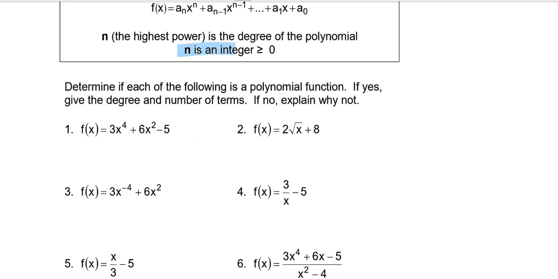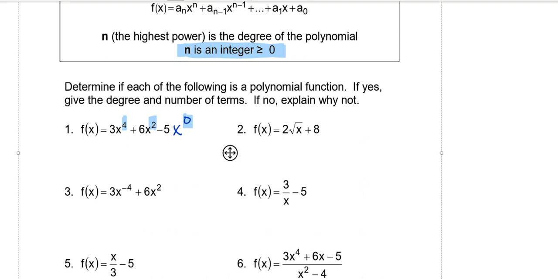So our first one, remember, we have to remember that n has to be an integer greater than or equal to 0. So we've got the number 4 and 2. Oh, might not be a polynomial. Oh, wait a minute. We can write it down as x to the 0, and that is equal to 1.